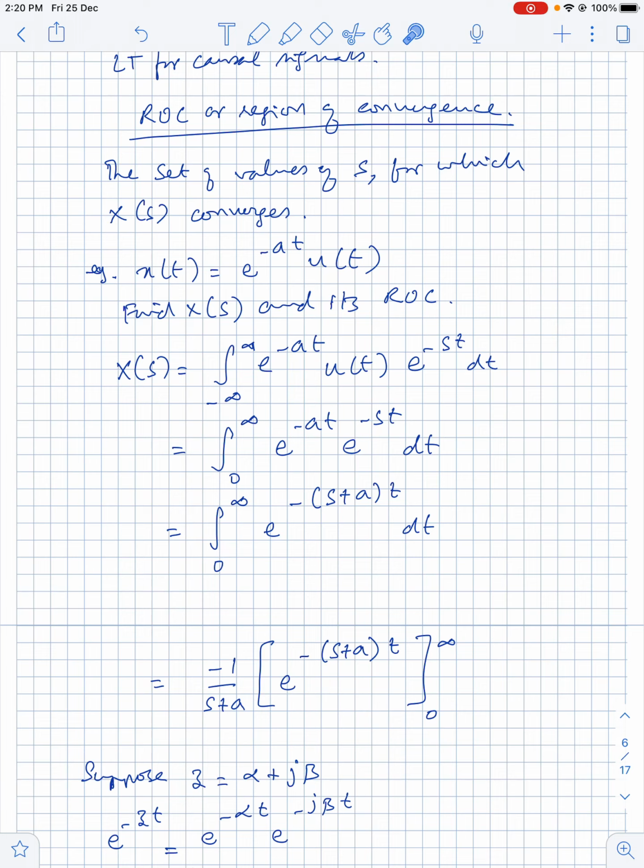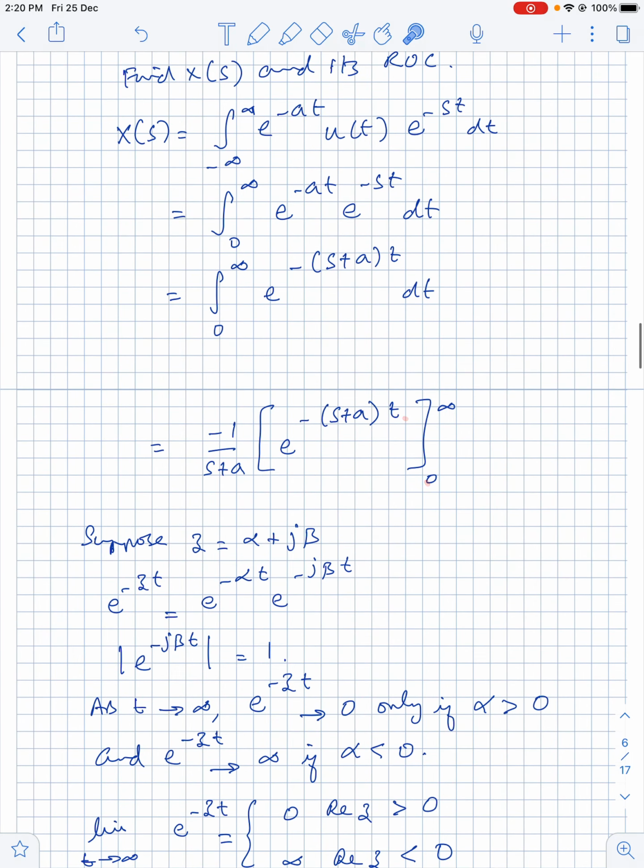So to find the expression for X(s), we need to find the value of e raised to minus (s plus a) t at t equal to infinity and subtract from it the value at t equal to 0.